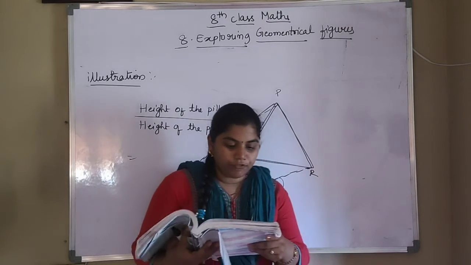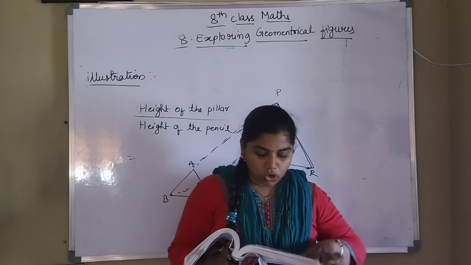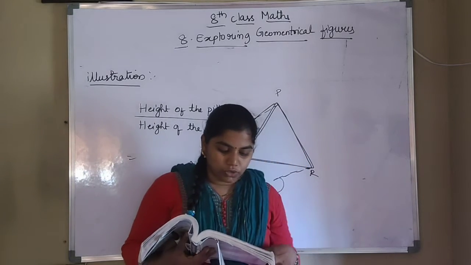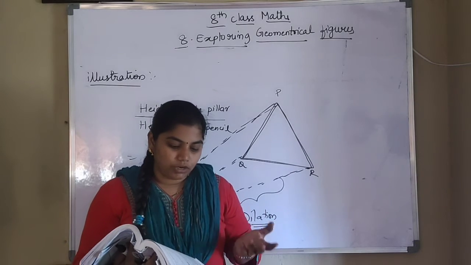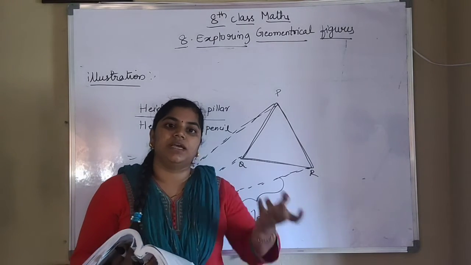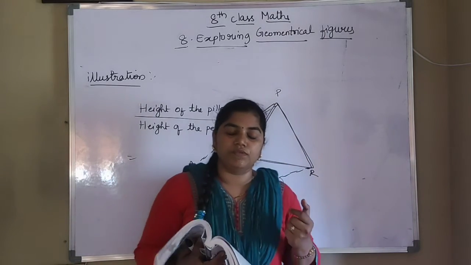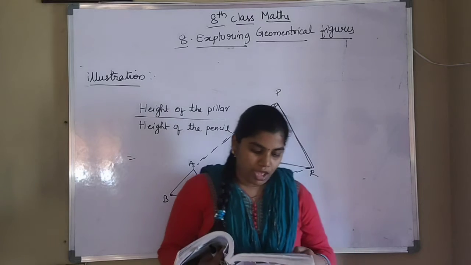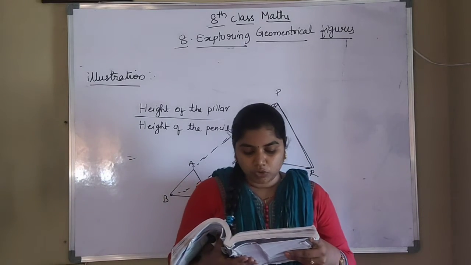Next is, if triangle ABC is congruent to triangle NMO, name the congruent sides and angles. So you have to draw triangle ABC and triangle MNO. In that, you have to name which sides are congruent and which angles are congruent. And the third one, state whether the following statements are true.